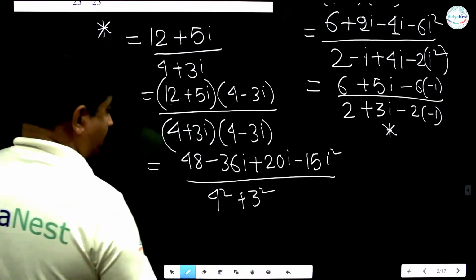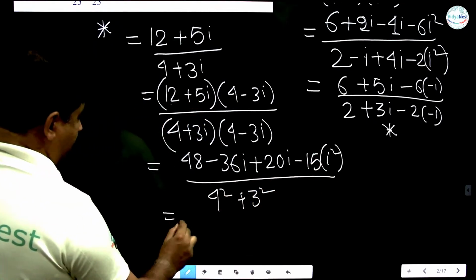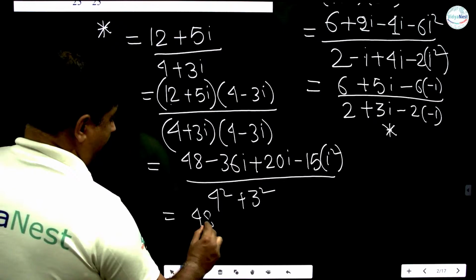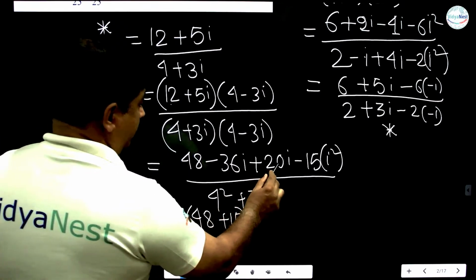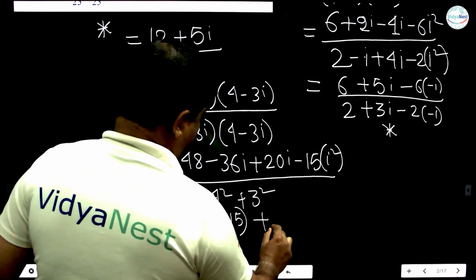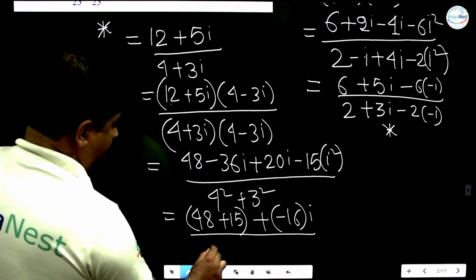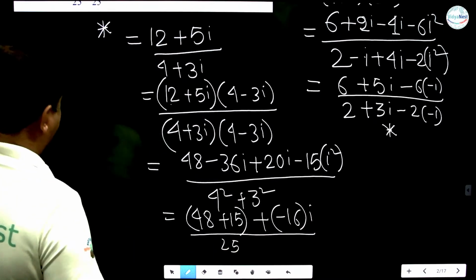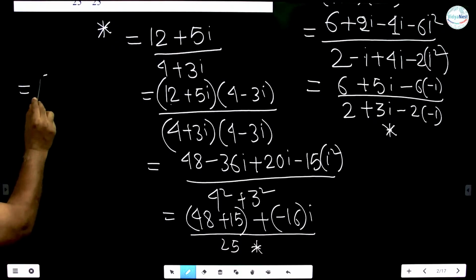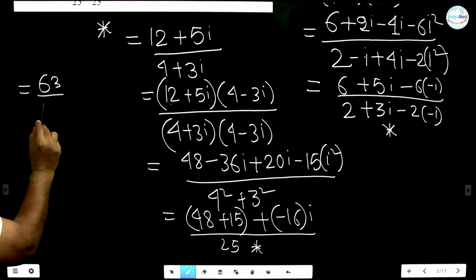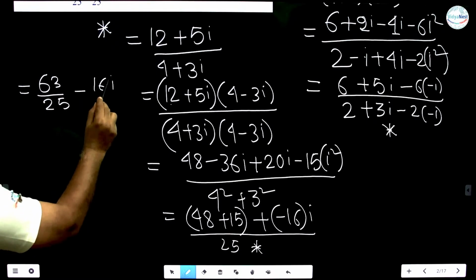So instead of i square, again minus 1, so 48 plus 15, put them in a bracket, minus 16i by 25. So it has become 63 by 25 minus 16i by 25.